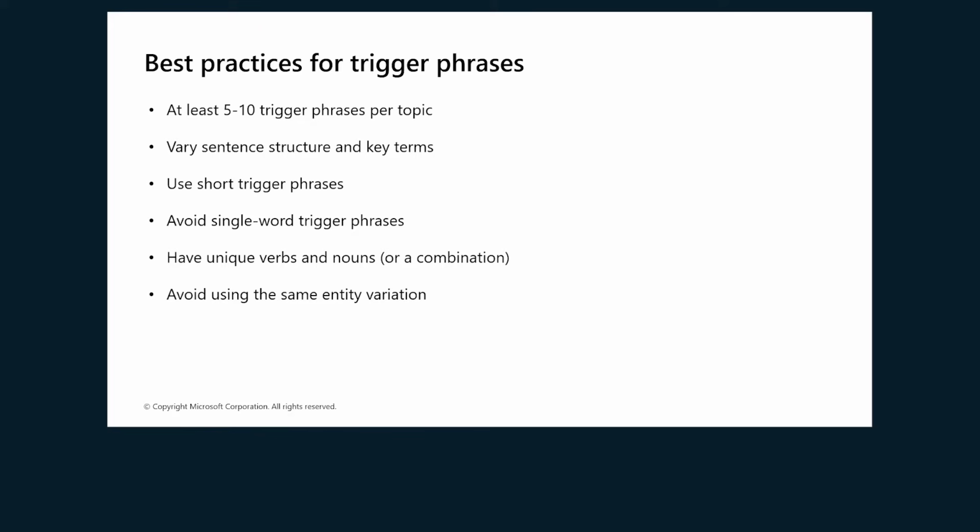This adds specificity and makes your phrases more compelling. Lastly, avoid using the same entity variation repeatedly. Diversify your language to keep your content fresh and engaging. By following these steps and tips, you will be well on your way to crafting trigger phrases that truly engage and motivate your audience.